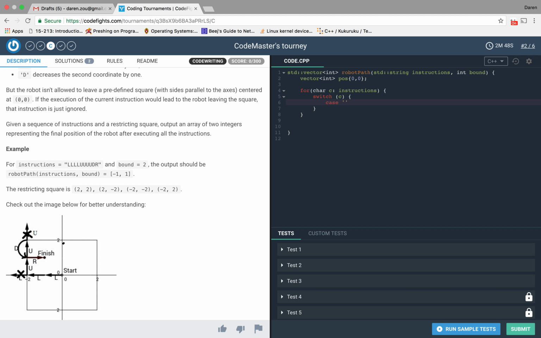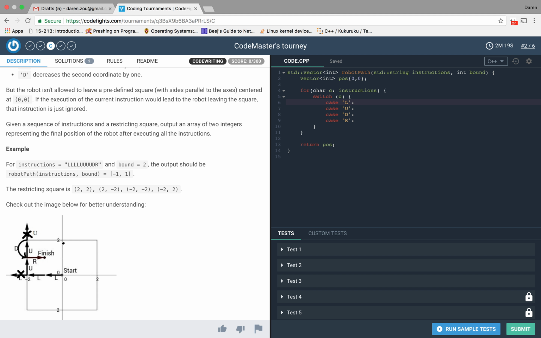So it's L, up, down, keys, right. At the end, I want to return pause.